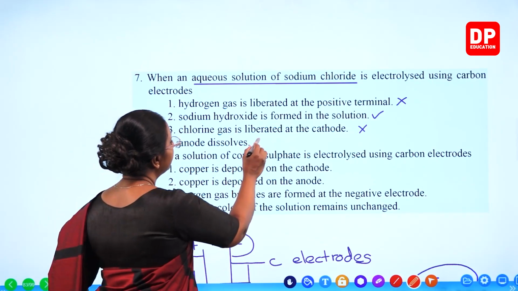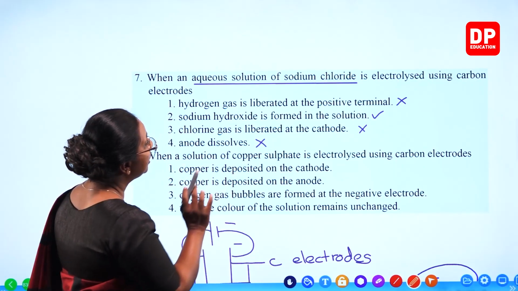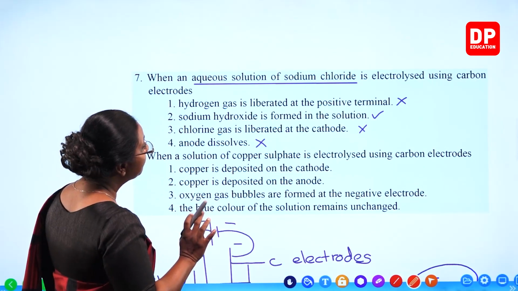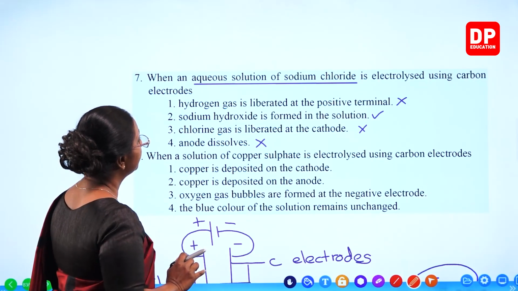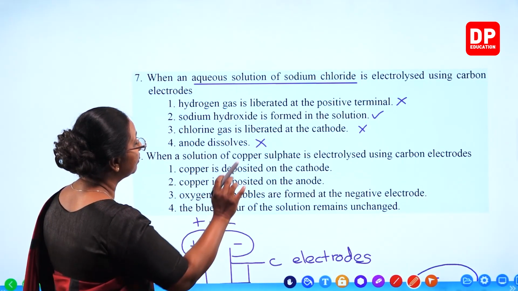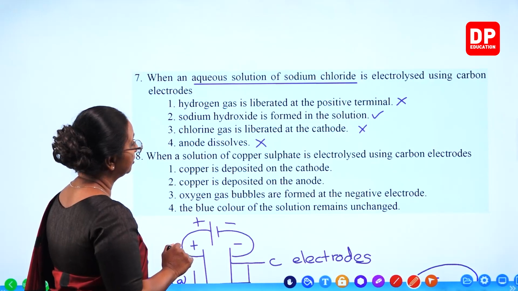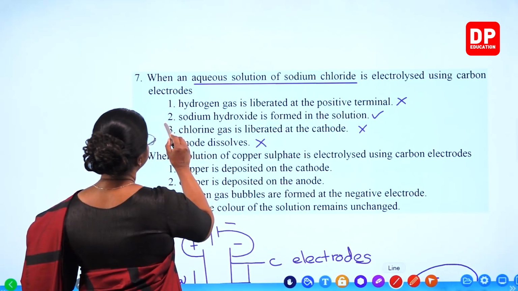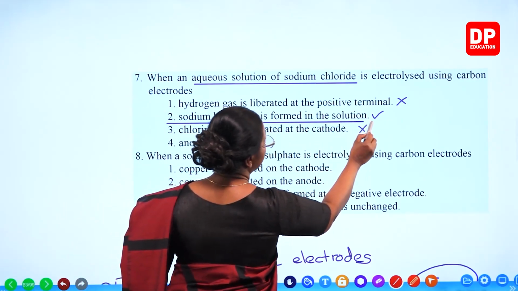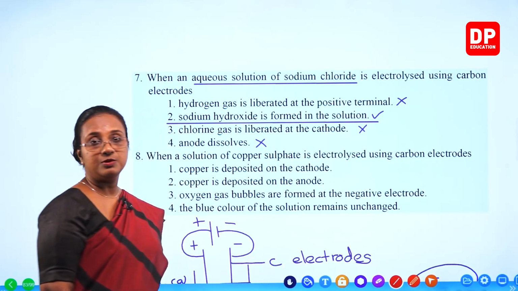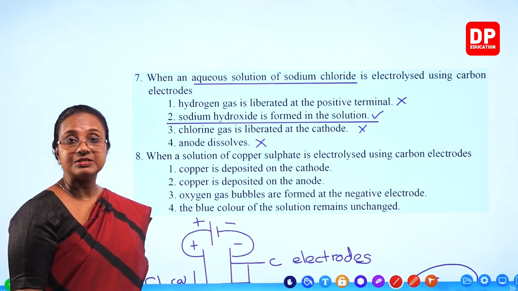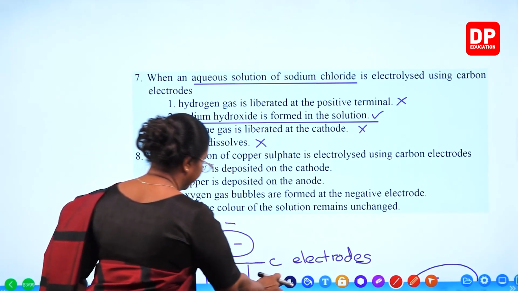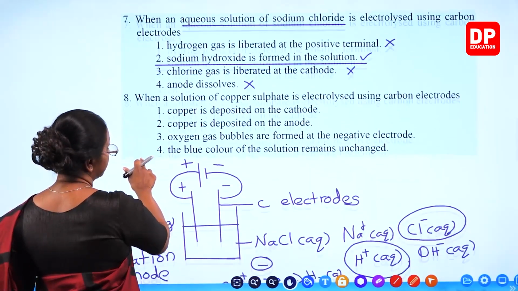So this is also incorrect. So we need to find what happens when an aqueous solution of sodium chloride is electrolyzed using carbon electrodes. So that is the second answer. Sodium hydroxide is formed in the solution.